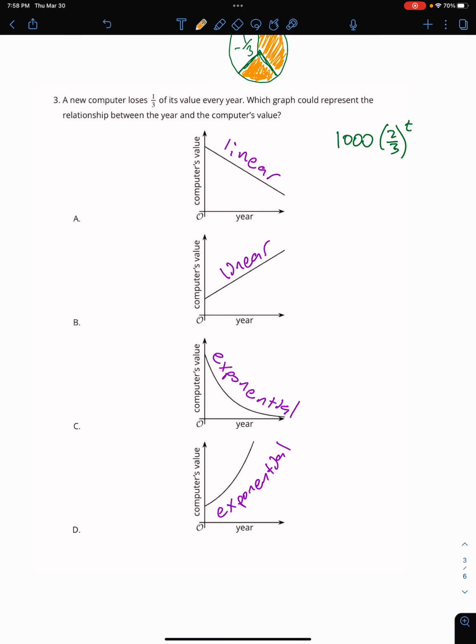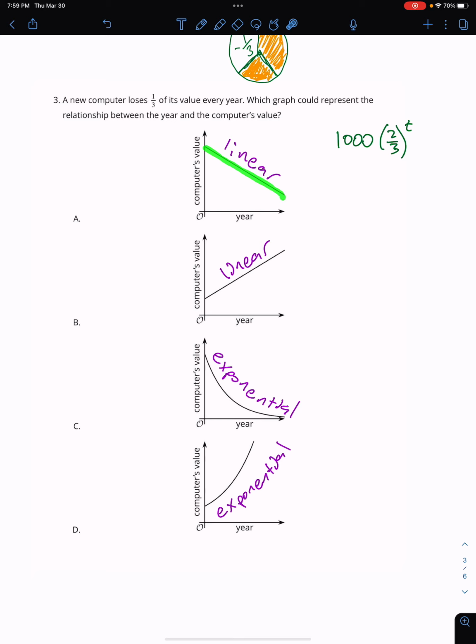And this whole unit, all we've been studying is exponential functions. So when you see a straight line like this, that is linear. This would be if they just kept subtracting. Now, it sounds like maybe they're subtracting 1/3 of the value each year.